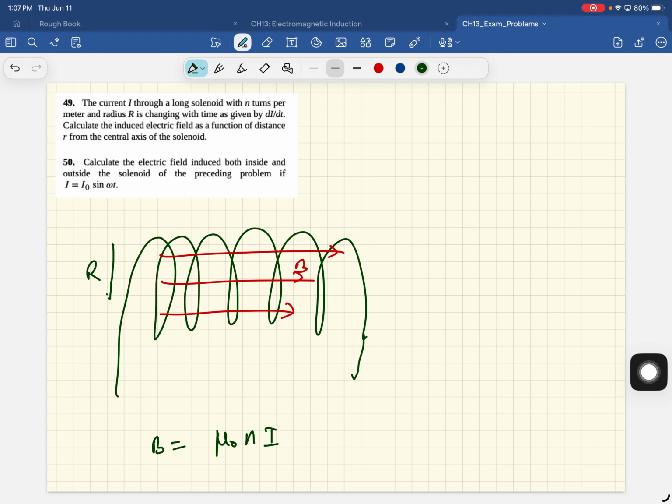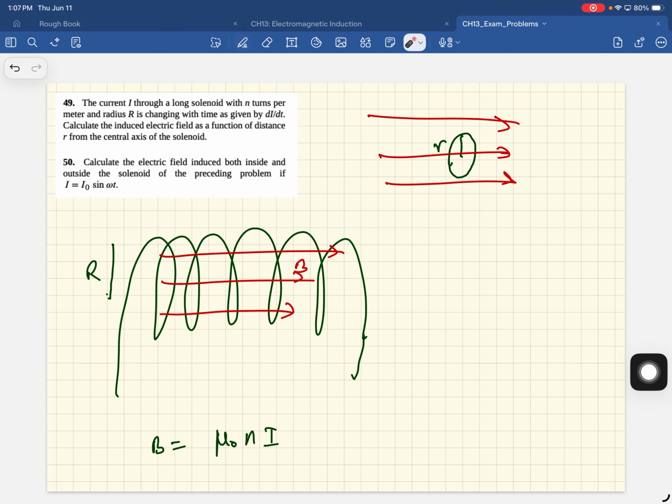Pi cancels, and so once you're outside the solenoid, the strength of the electric field is decreasing as 1/r. Okay, so that's what it's saying.